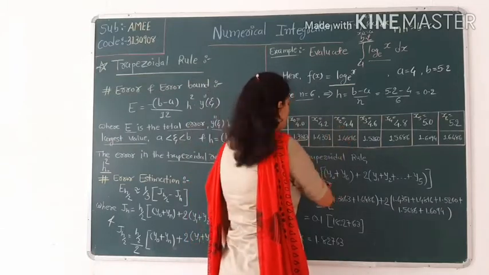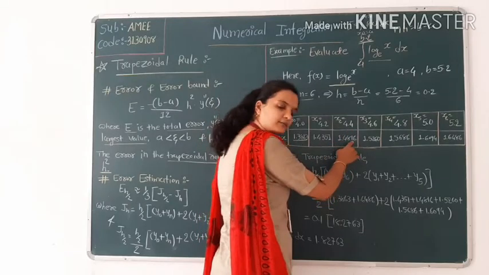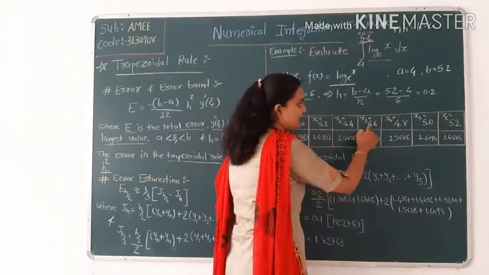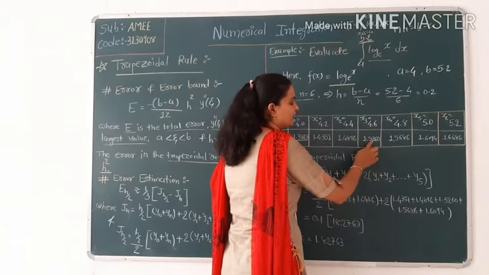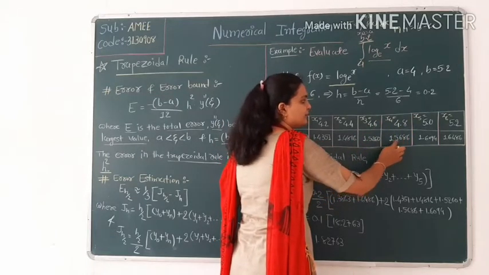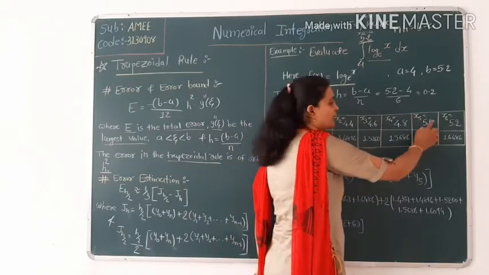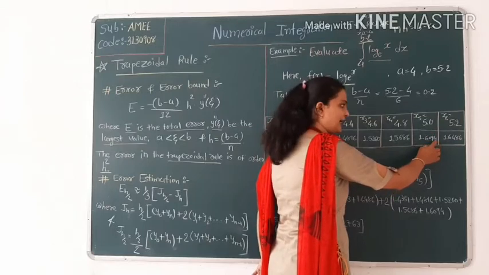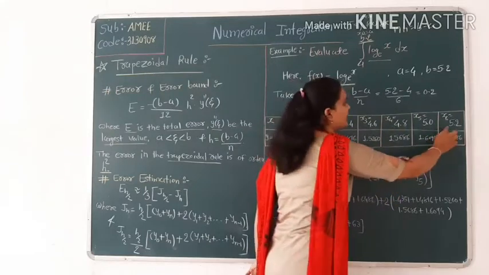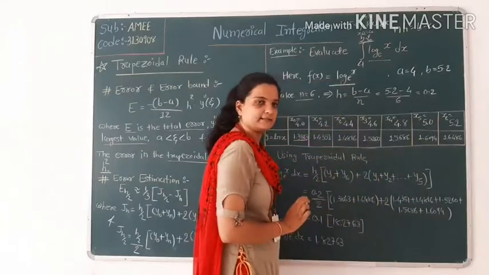Same way ln 4.4 gives 1.4816. ln 4.6 gives 1.5260. ln 4.8 gives 1.5686. ln 5.0 gives 1.6094, and ln 5.2 gives 1.6486.